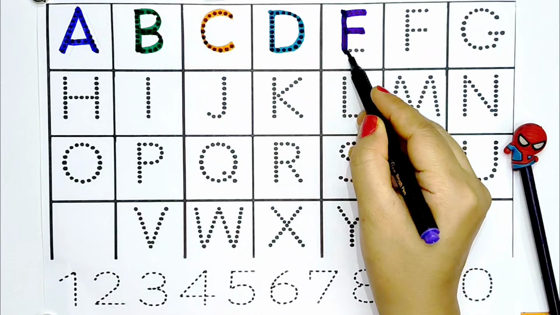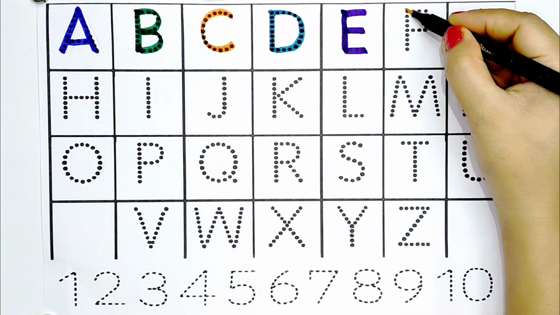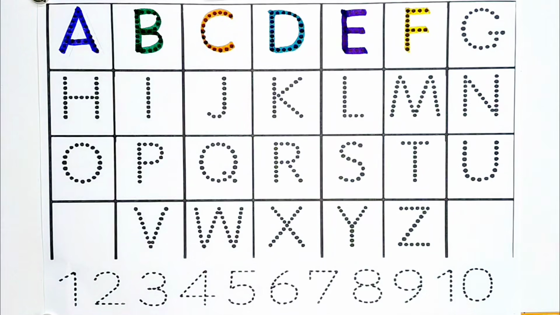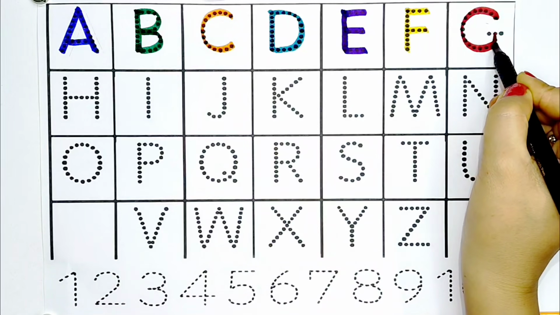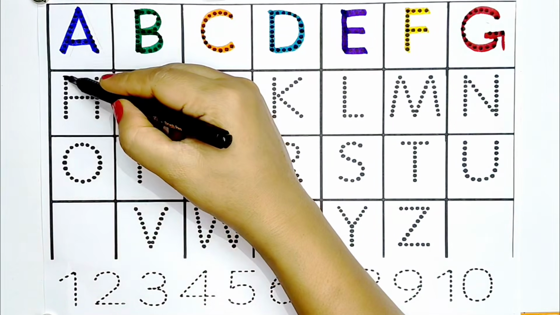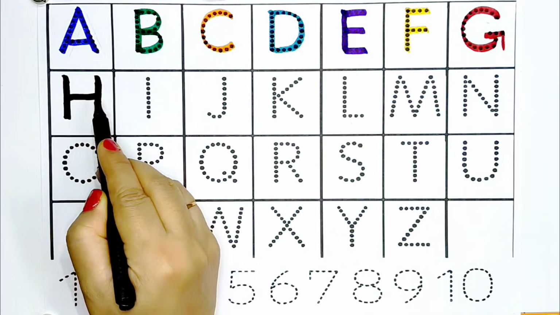E for elephant. F for fingers. G for goat. H for horse.